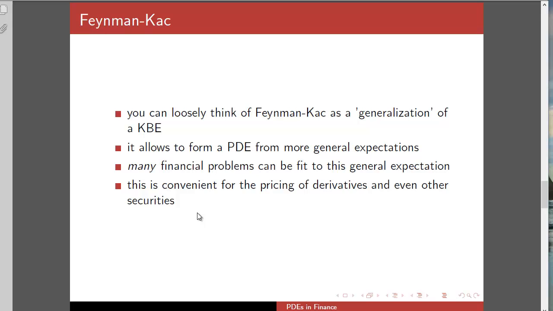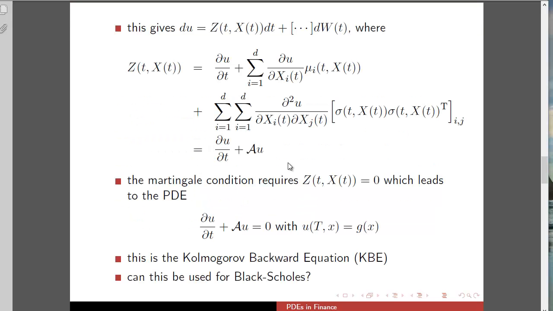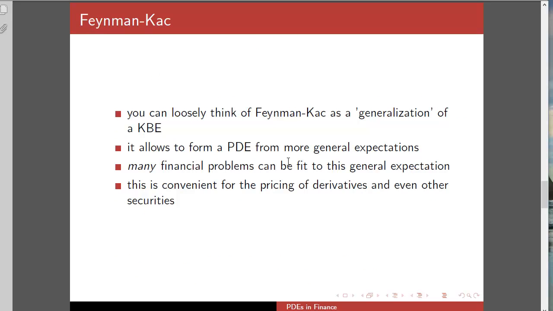This means that you won't only take into account this sort of expectation, but you could have something more complicated instead of just G in the expectation. So it can handle more complicated expectations, and it allows us to find a PDE for these more complicated expectations.